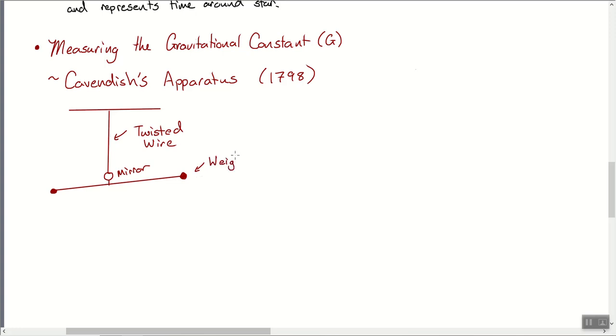Now, if we have a weight in front of us, we could find the mass. So let's specify that not only do we have a weight, but we have a known mass. Maybe we would call it M1 if we were going to do calculations. Cool. Now, this thing is being suspended from something. I don't know what it's tied to here. But we have two small masses on the end that are super duper dense.